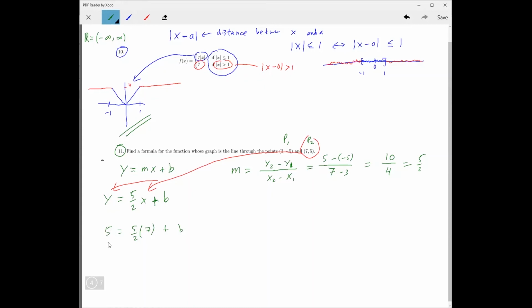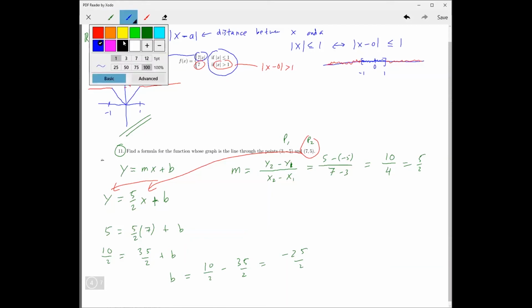Okay, and 5 is actually 10/2, and this is 35/2. So b is going to be 10/2 minus 35/2, which is -25/2. And so just plug that back into here, and that should do it.